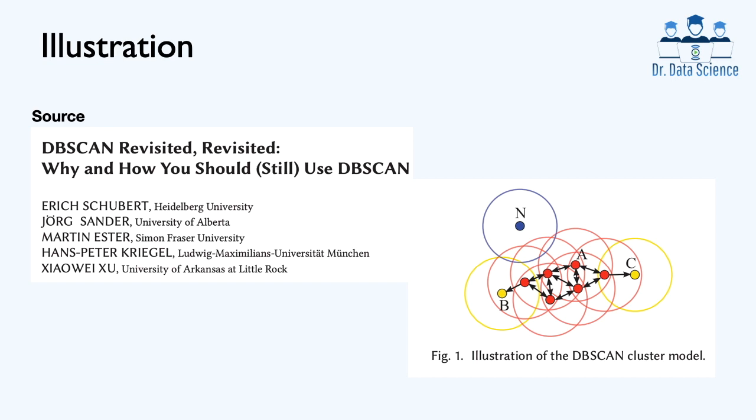So we see that obviously here A, because of this epsilon neighborhood, which we show by this circle around it, is a core instance, and therefore all these data points belong to one cluster. And the blue one labeled N is a noise or outlier, because we don't have any other samples in its epsilon neighborhood. So this method is definitely based on density.